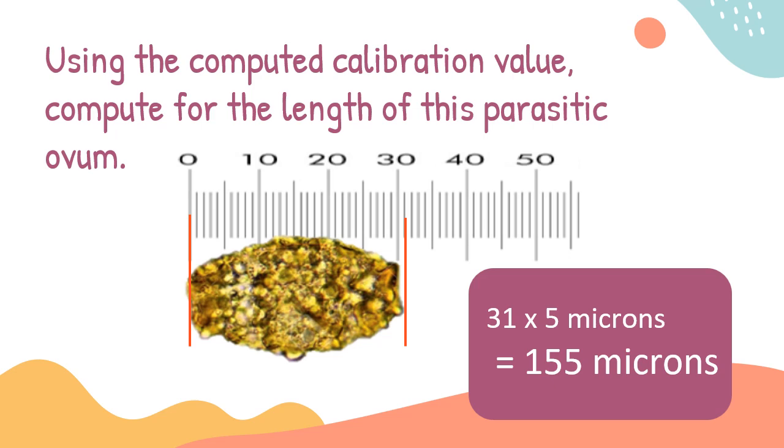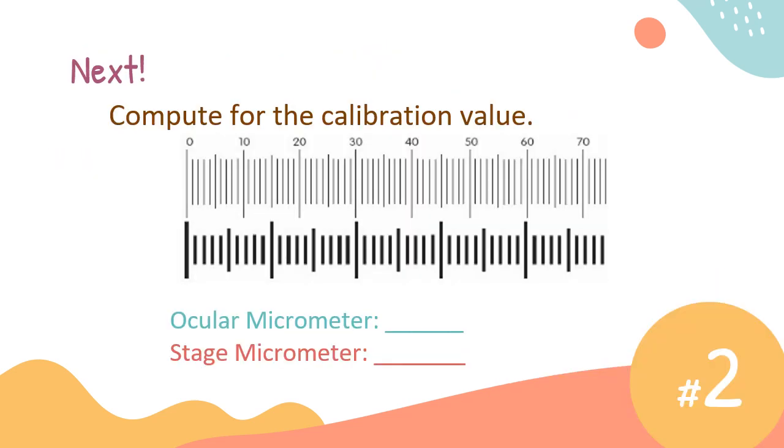Did you understand? If you still don't understand, let's have another example. What about this? Compute for the calibration value. Okay, remember, put the two zeros of the stage and the ocular in the exact same superimposed line. Then find the next big line to the right that is directly superimposing on each other.